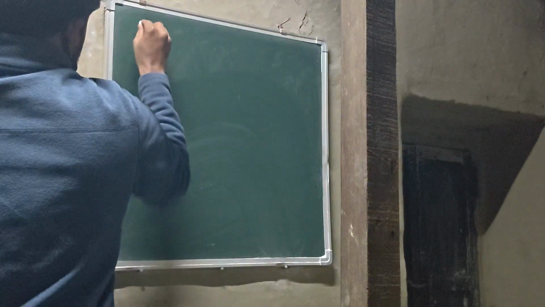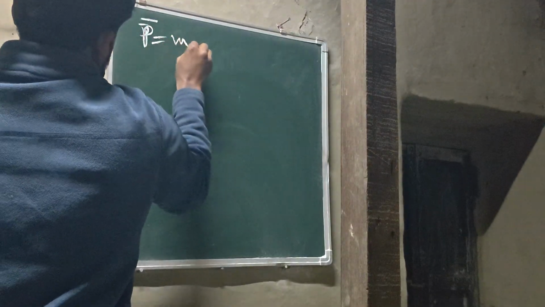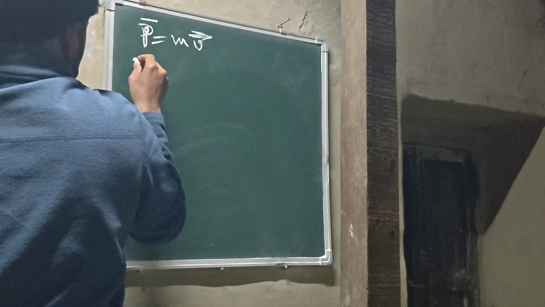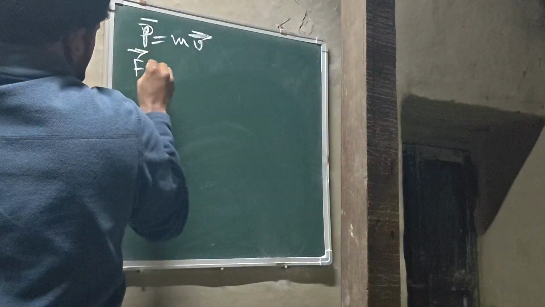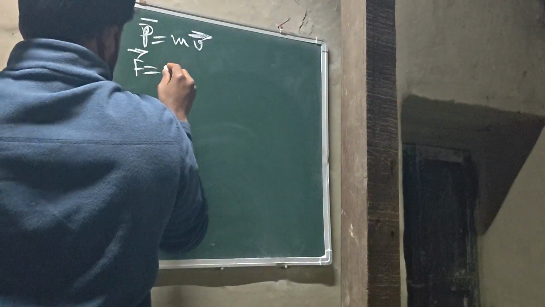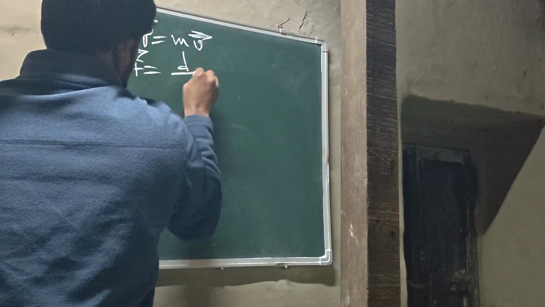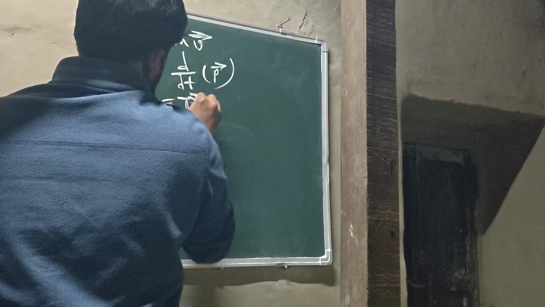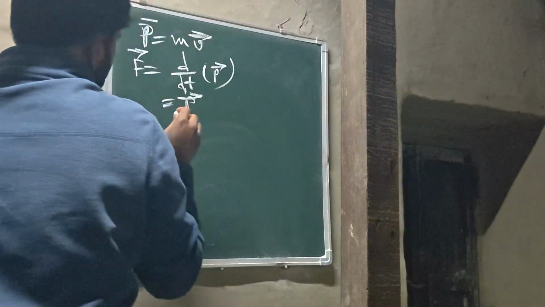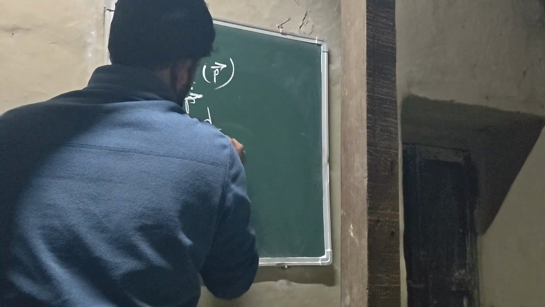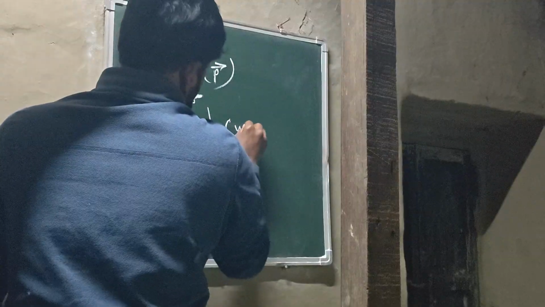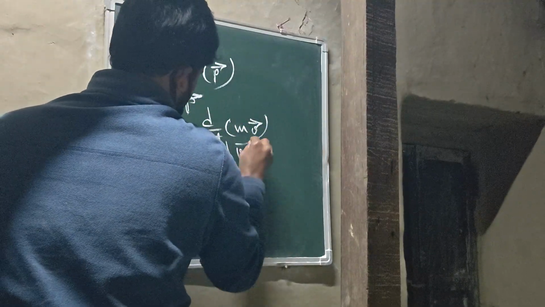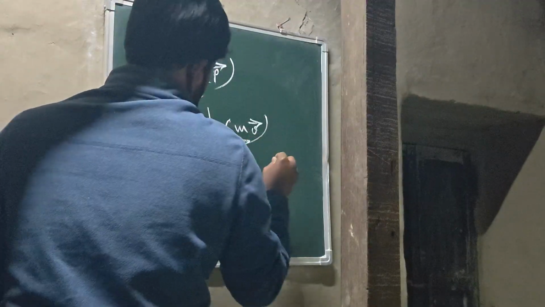Now we get P equals mv. Then the acting force on the particle, F vector, equals d/dt of P vector, equals P vector dot, equals d/dt of mv. M is constant, then m dv/dt.